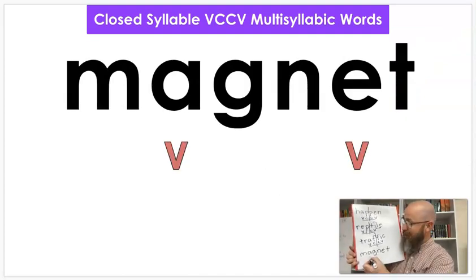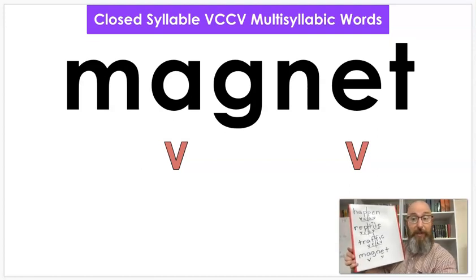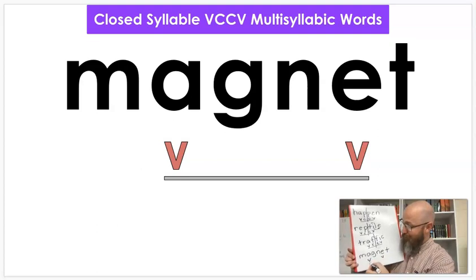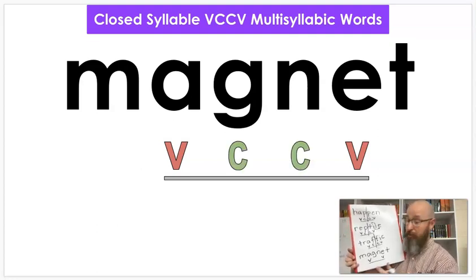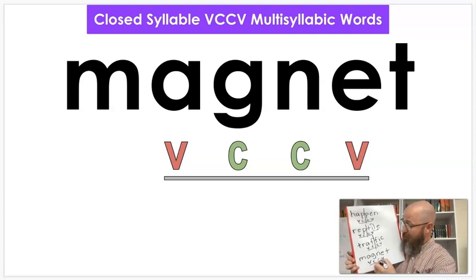Label the vowels. Label the A. Label the E. Do you remember what comes next? Build a bridge. After we build our bridge, what do we do? We put something on it. We label the consonants, and we're going to label those consonants on the bridge. Now it's time to break it.